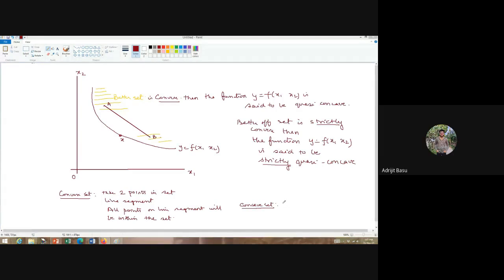Sir, all the points on the line segment will not be inside the set, sir. You showed a donut-shaped set and one line segment through it. All points on the line segment may not lie within the set.